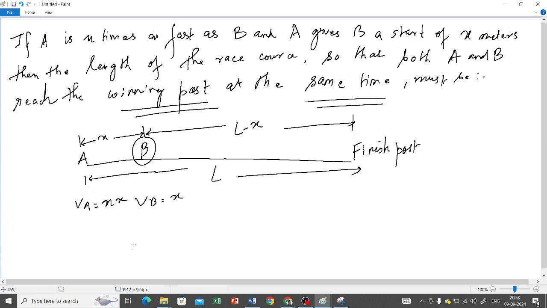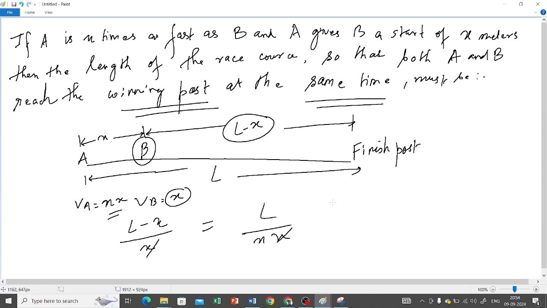The distance that B will cover is L minus x, and the speed of B is x, so the time taken is L minus x divided by x. That is equal to the distance traveled by A, L, divided by the speed of A, nx. X got cancelled out.